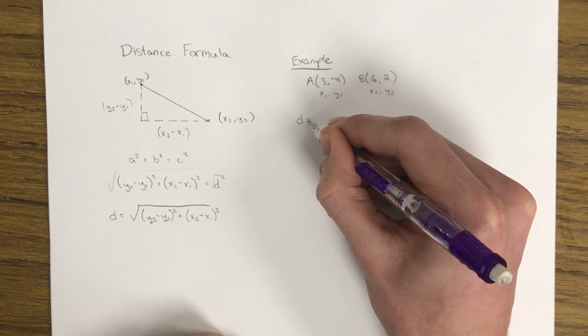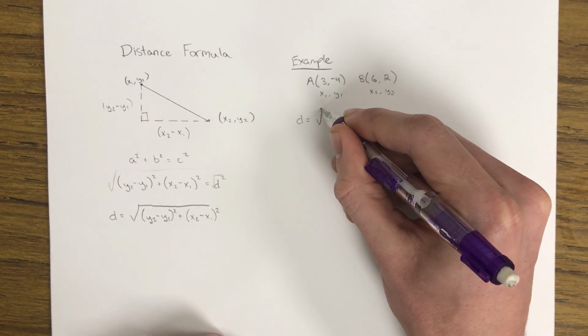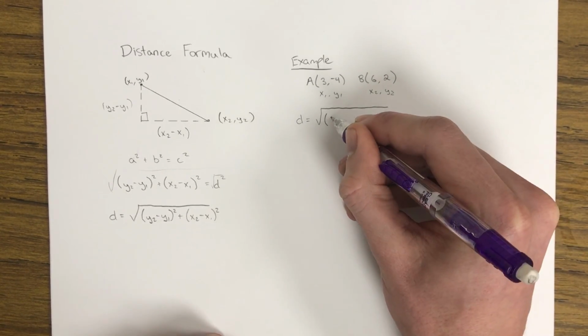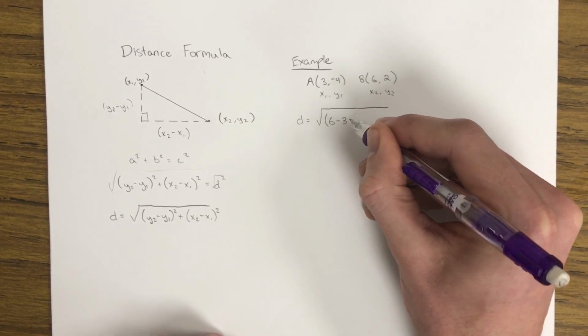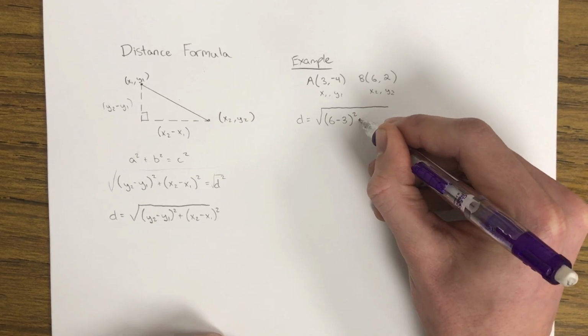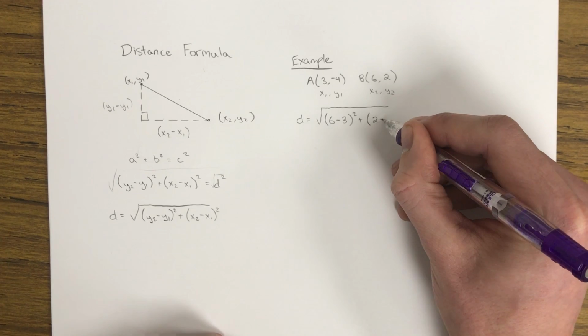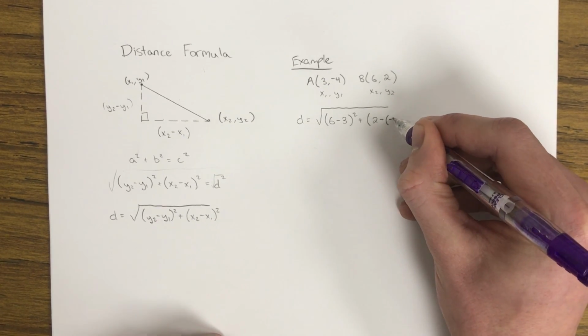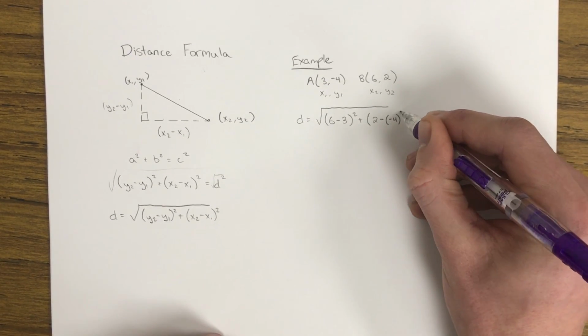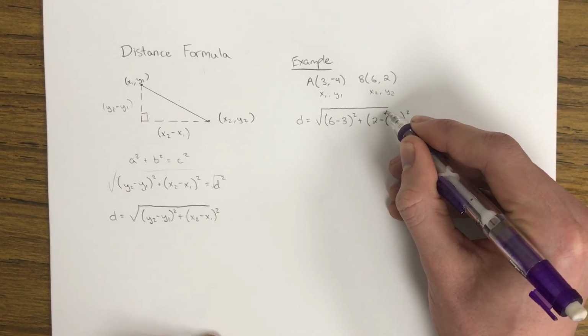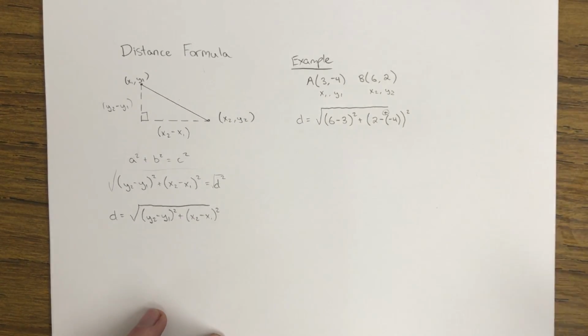So the distance is going to be equal to the square root of x2 minus x1 squared plus y2 minus, now watch out for this, we've got a double negative. So that double negative, minus negative 4, is going to become a positive 4 squared.